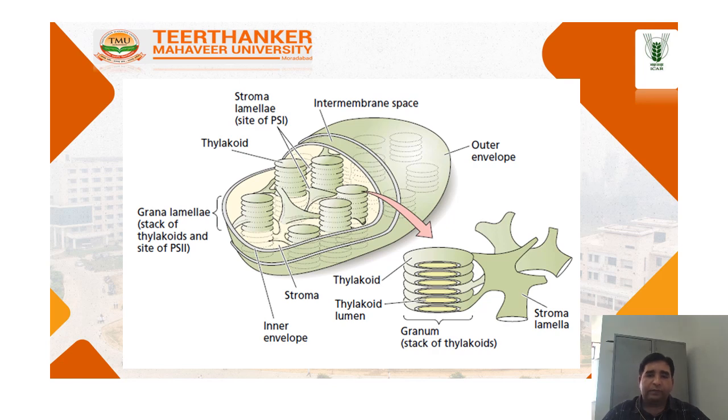The thylakoids are found as a collection of coin-like structures, a stack of coins, inside the chloroplast, and one of those coins is known as a granum. The granum has a double membrane bound lumen, and most of the reactions of photosynthesis take place in the granum, membrane and lumen.